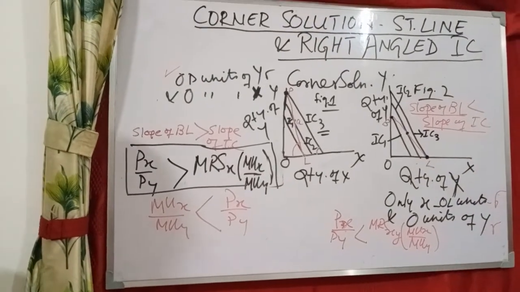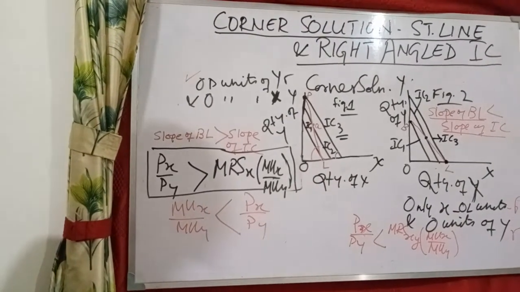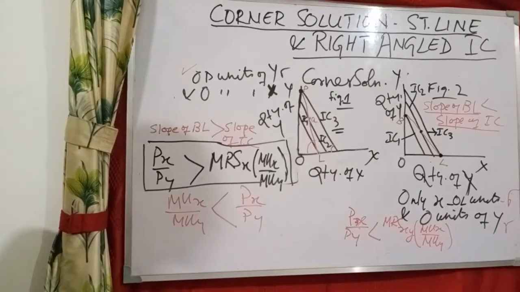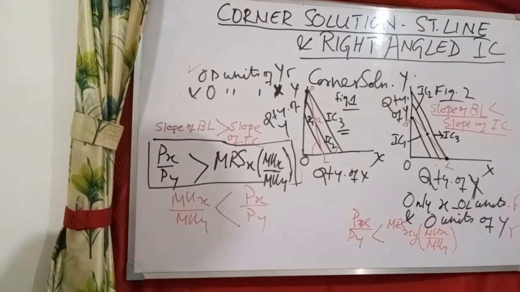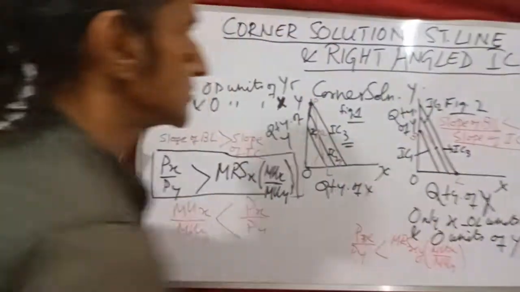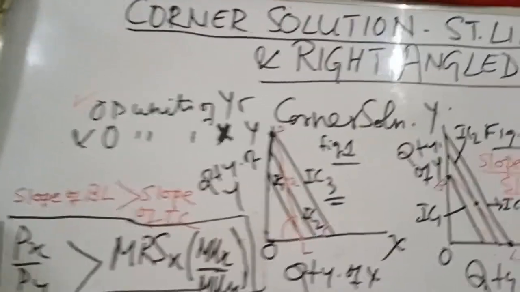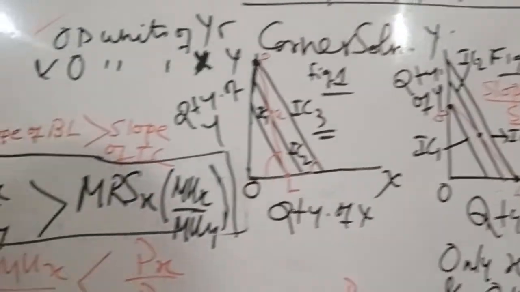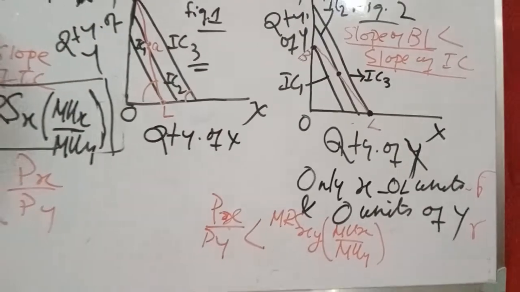Now we will learn how the consumer reaches the optimum point or the equilibrium point when the indifference curve is right angled. So let me erase this part.